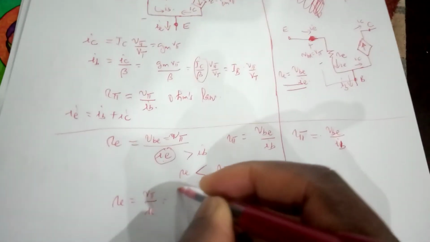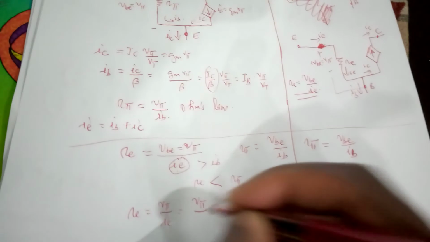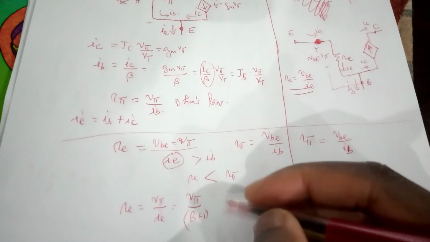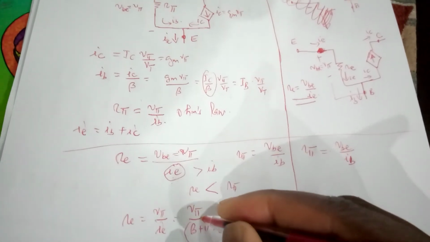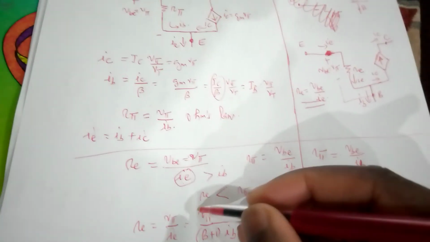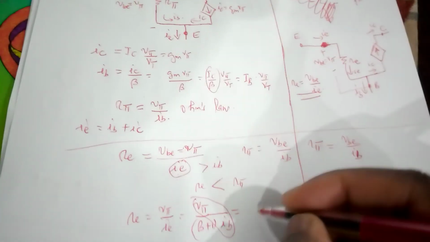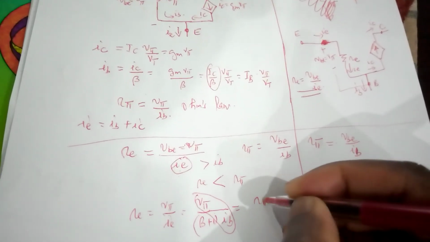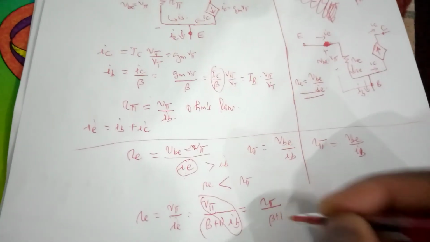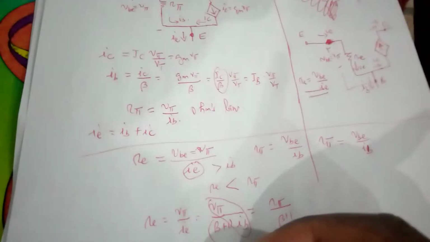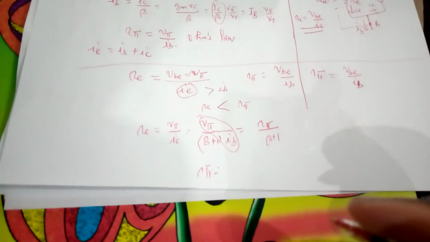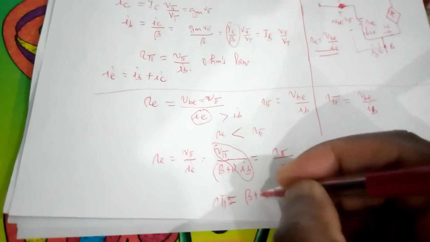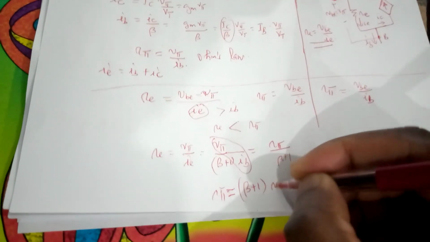We also know that IE is beta plus 1 times IB. That if you isolate V pi over IB, you're gonna get R pi, of course, divided by beta plus 1. So R pi at the end of the day is actually equal to beta plus 1 times Re.